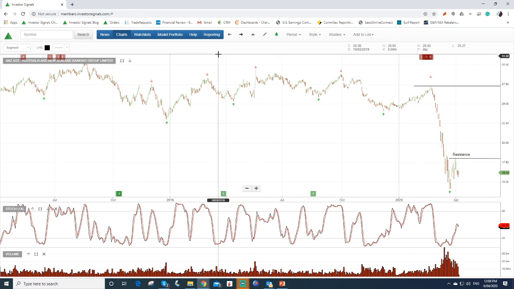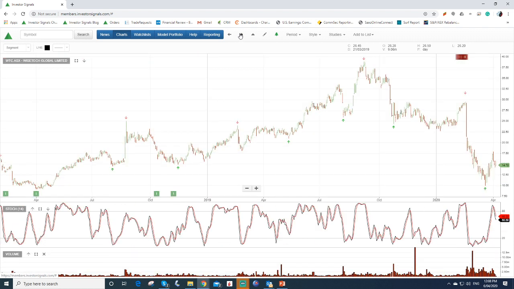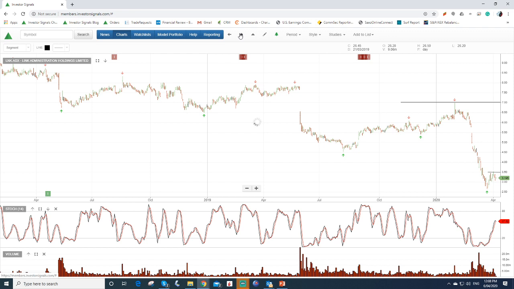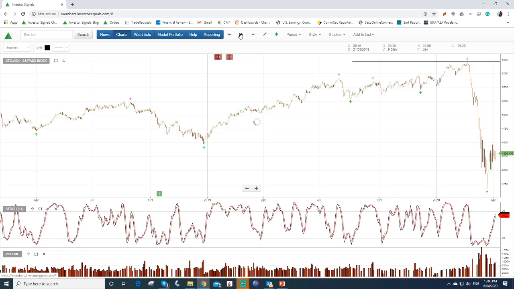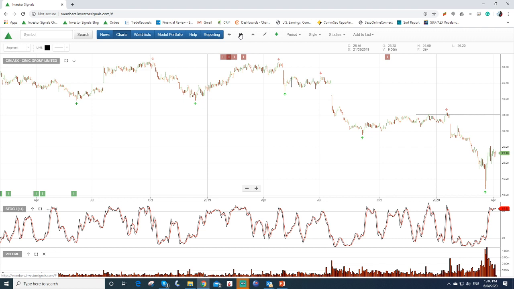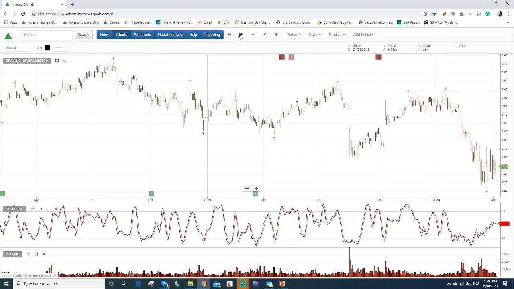So you may wish to make a note of that. Stockland still cautious there for the time being, as with WiseTech. So CIMIC Group. I've spent a fair bit of time talking about CIMIC in prior recordings, so we'll move past that today.